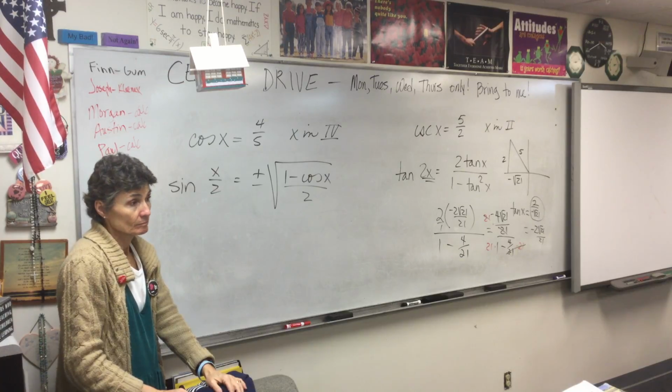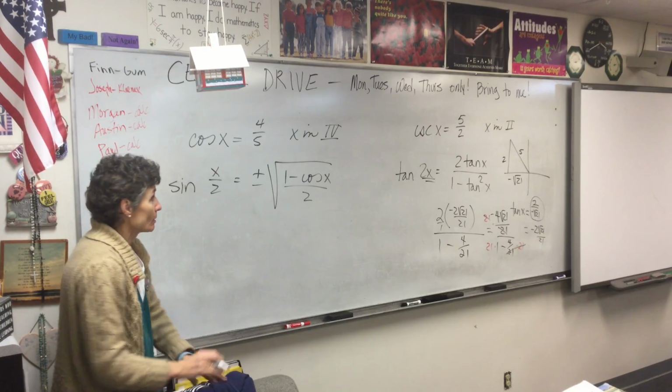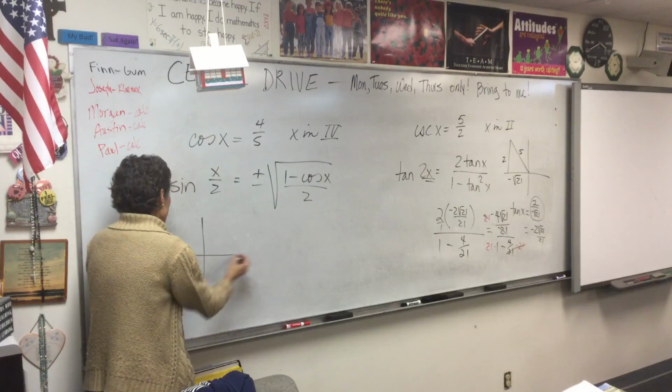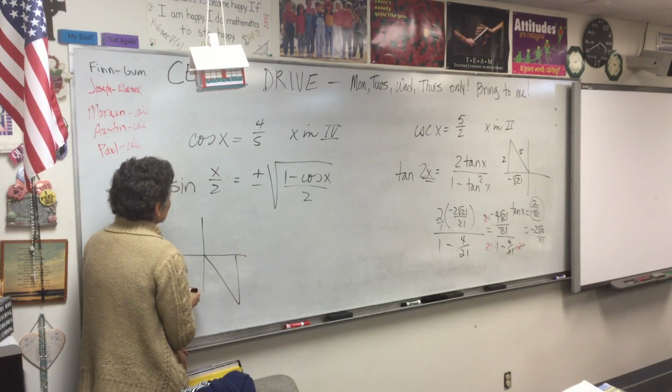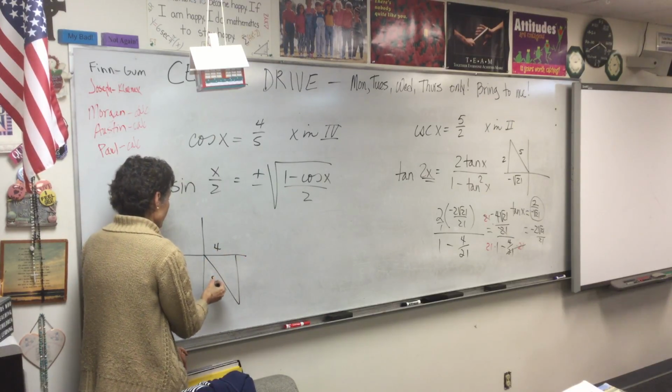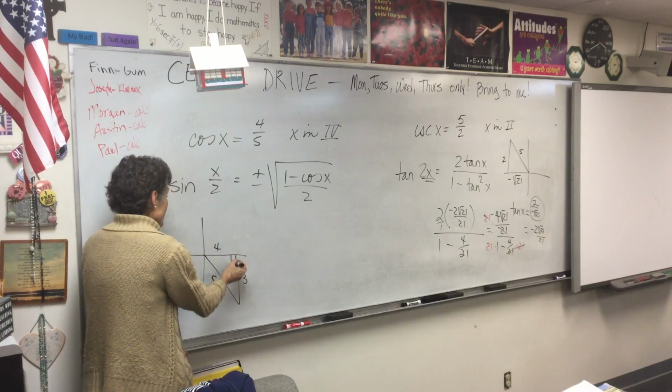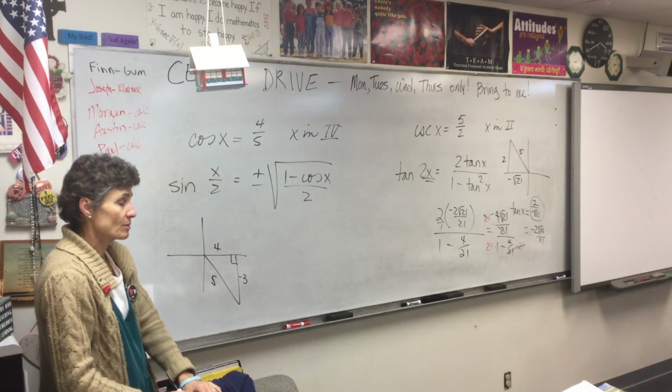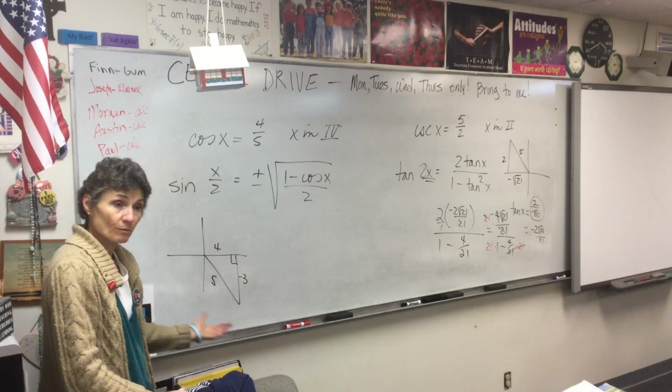Now what's this look like? I'm in quadrant 4, and the cosine is 4/5. That's a nice one. That's one of my Pythagorean triples. There's my picture.